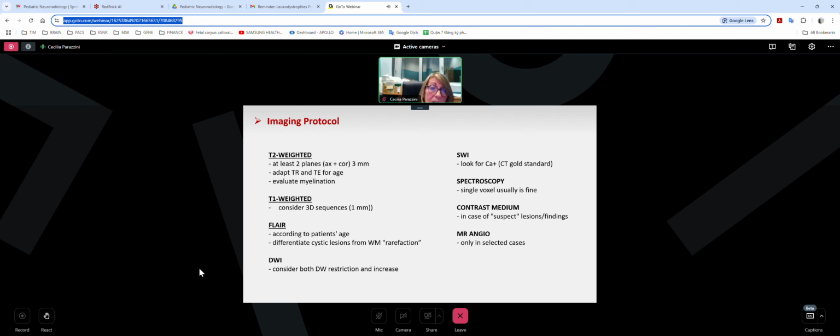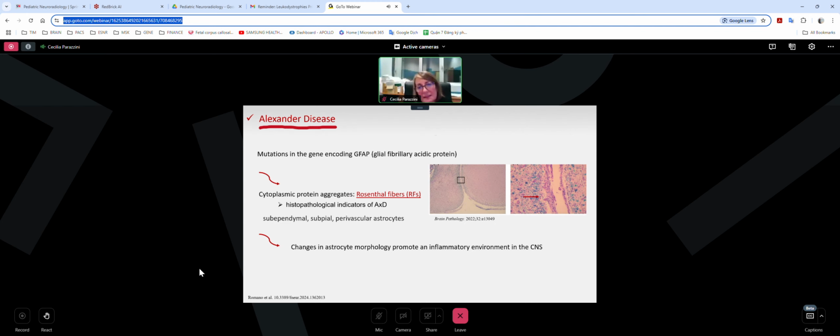A standard protocol should include T2-weighted sequences, T1-weighted sequences, also a volumetric sequence, FLAIR according to patient age, and this sequence is important, for example, to differentiate between cystic lesion and white matter rarefaction, diffusion, SWI to look for calcification, even if we know that the gold standard is CT scan, spectroscopy, where single voxel is usually enough, contrast medium in case of suspected lesions, and MR angiography in selected cases.